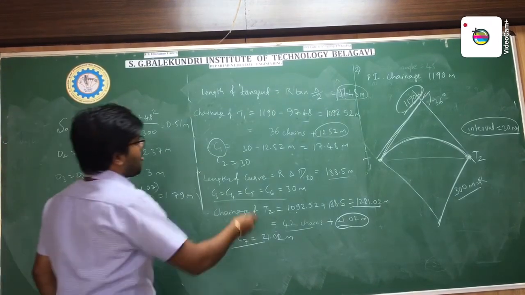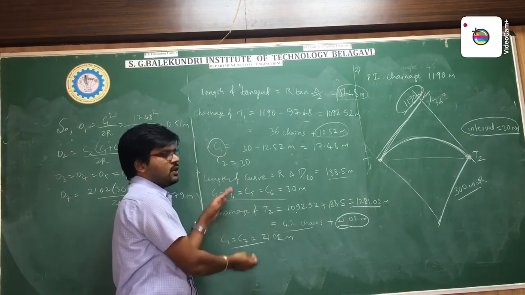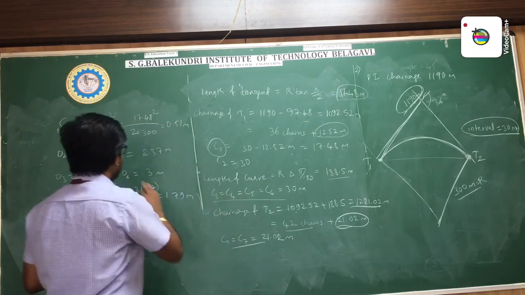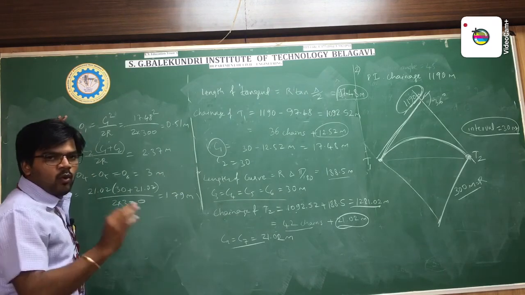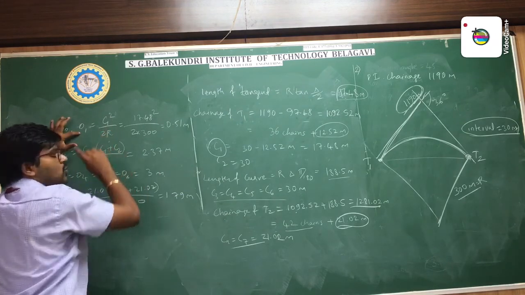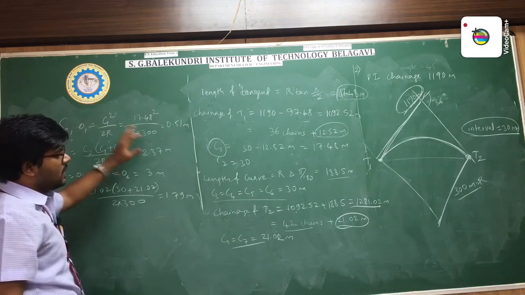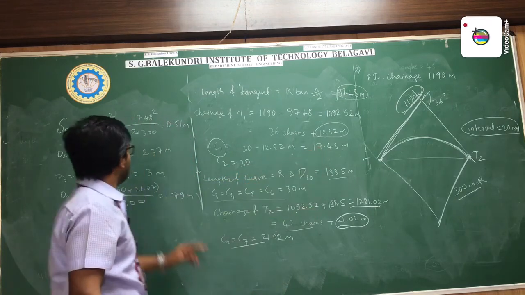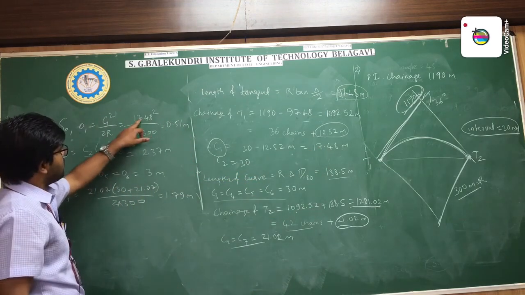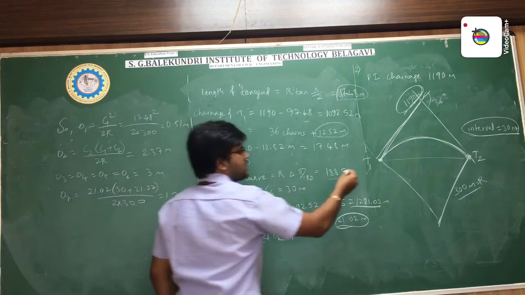Once the initial chord, intermediate chords and final chord are calculated, we go directly to the ordinates. First ordinate O1, C1 square upon 2R is the formula. You put the C1 value, that is the length of the initial chord. Substitute the value, you will get 0.5.